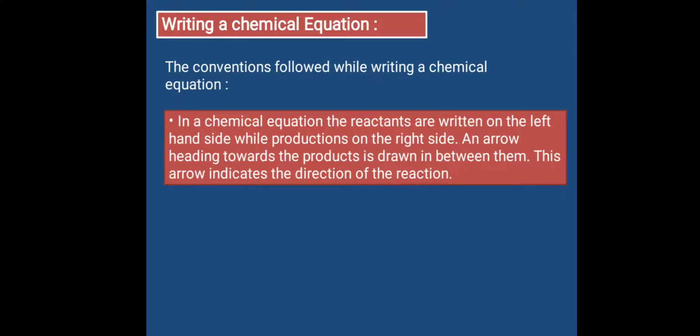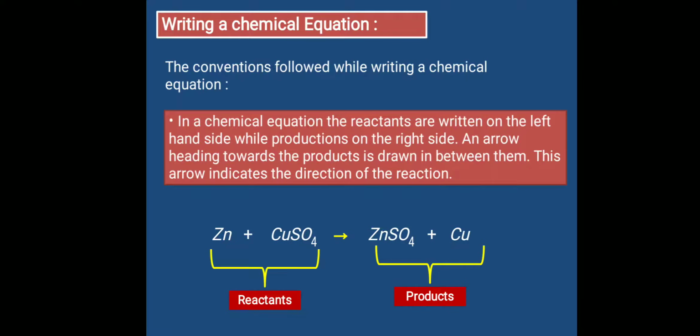For example, again taking the same example, zinc plus copper sulfate gives zinc sulfate plus copper. In this reaction, zinc and copper sulfate are the reactants, so these substances are written on the left hand side, while zinc sulfate plus copper are the products and written on the right hand side. An arrow heading towards the product is drawn in between them.